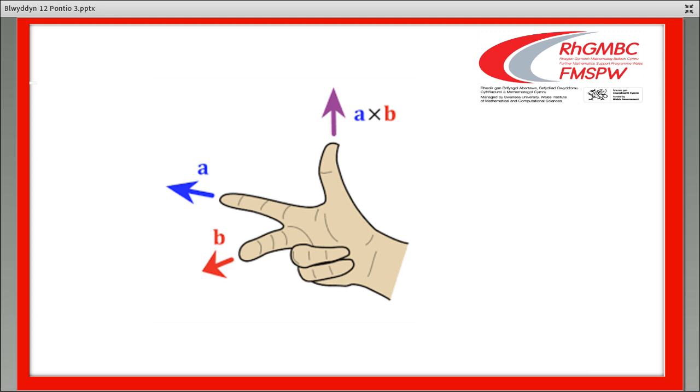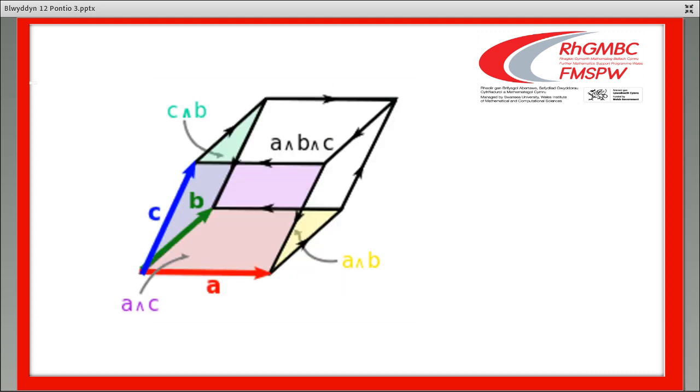Now, the other nice thing, I said earlier that if you had A cross B, it gave you the area of the parallelogram that the vectors A and B made. But we can extend this. What if we've got three vectors? If we extend it to three vectors, and we've got A, in this case they haven't used the cross, they've used the accent, but technically it means A cross B cross C. It gives you the volume of that shape.